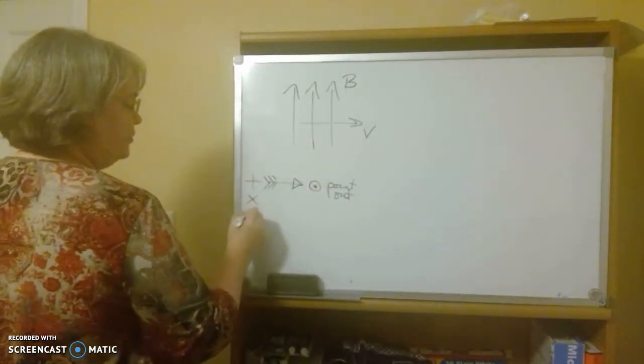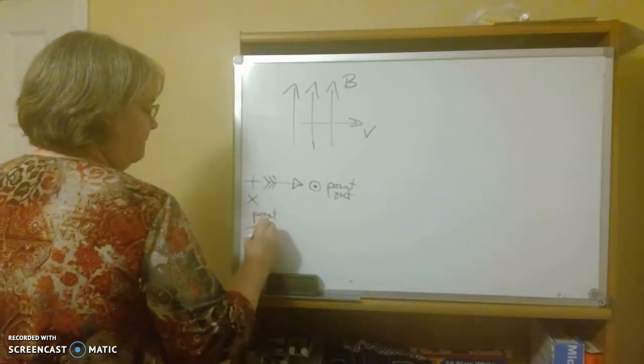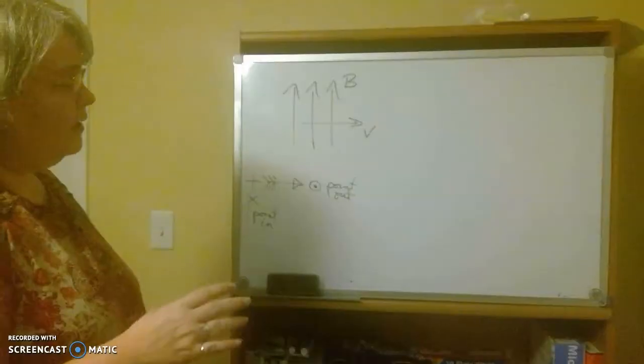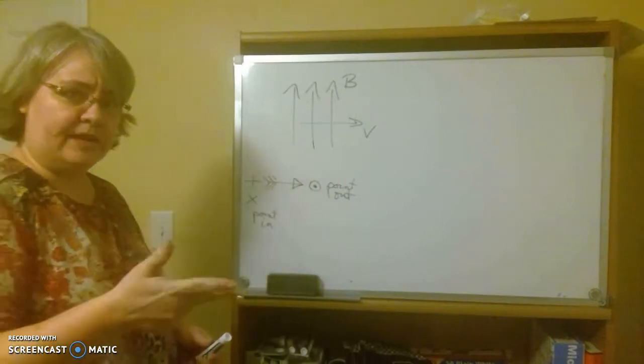Those two symbols are used for pointing in. Okay? And that becomes important because when we talk about the right-hand rule, we're looking for 3 different directions.